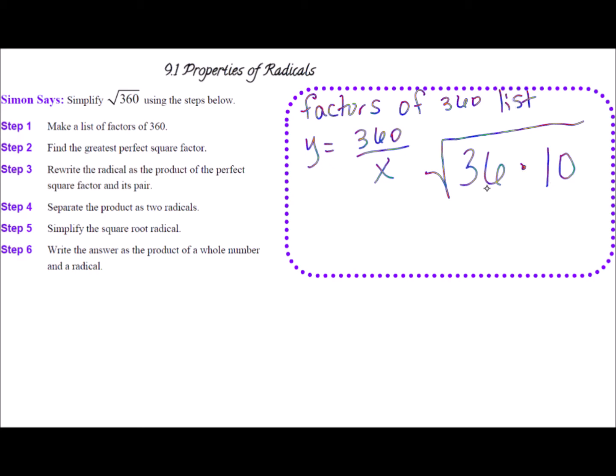So I'm going to multiply them there. And then I'm going to separate the 2. So the square root of 36 times the square root of 10. And now I can go ahead and simplify the square root of 36, which I hope you guys remember is 6. And this radical 10 is just going to be at the end. And this is my simplified radical.